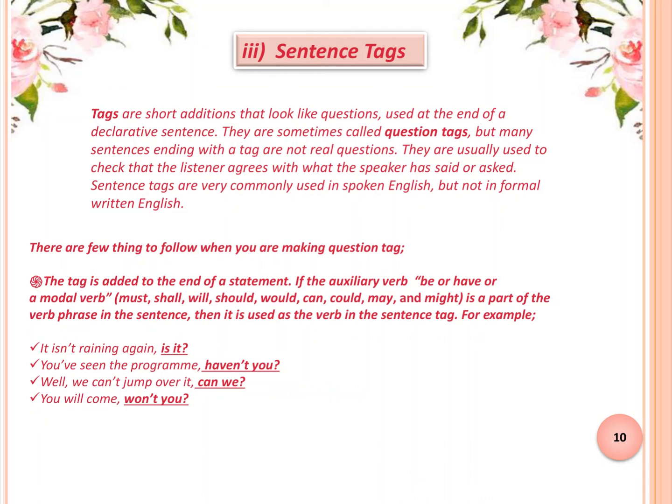There are a few things to follow when you are making a question tag. The tag is added to the end of the statement. If the auxiliary verb be or have or a modal verb like must, shall, will, should, would, can, could, may and might is a part of the verb phrase in the sentence, then it is used as the verb in the sentence tag.